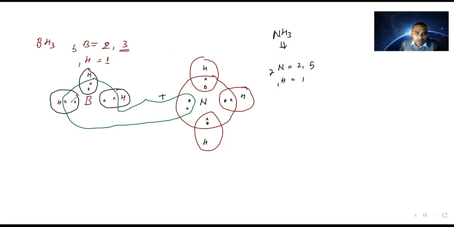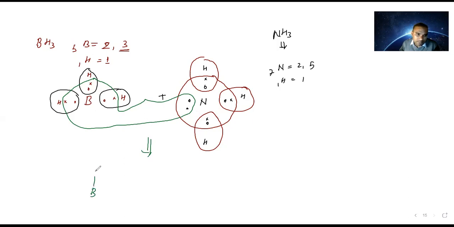Now boron: 2, 4, 6, 8. Nitrogen also completed its octet, but in this process both electrons are from nitrogen. So it donated them to boron.